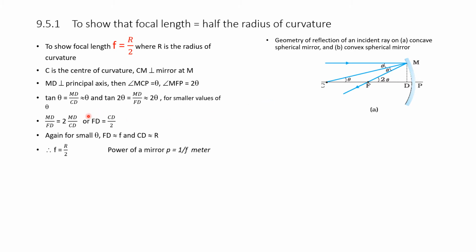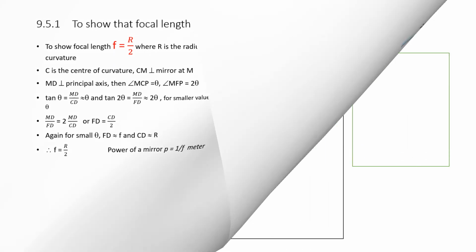Therefore, in this equation, substituting fd is equal to small f, and cd is equal to capital R by 2. Hence, we have proved that focal length is equal to half of radius, where r is the radius. Power of a mirror P equals 1 over f, in meter, the unit is watt.